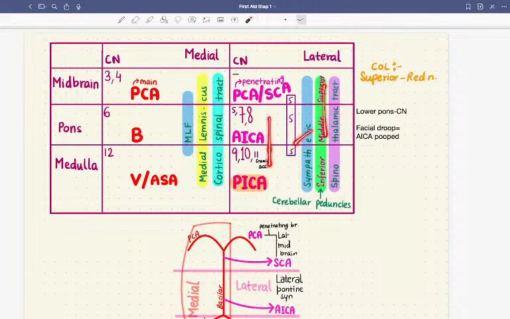Spinocerebellar, inferior, middle, superior, basically the cerebellar peduncles, and then spinothalamic. Next, 3 and 4. 3 and 4 is main.